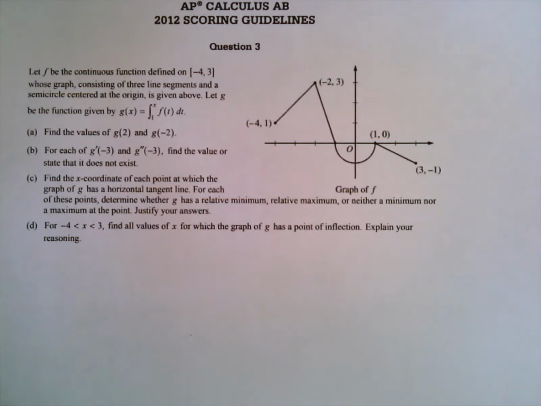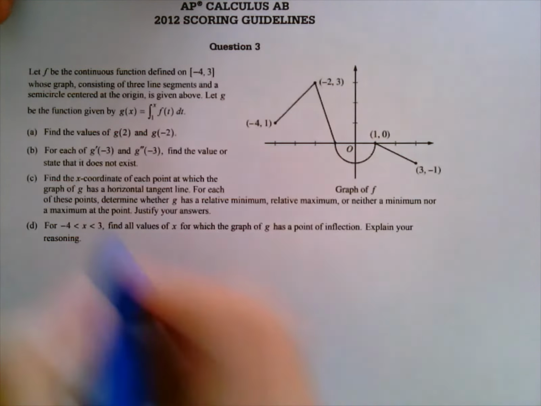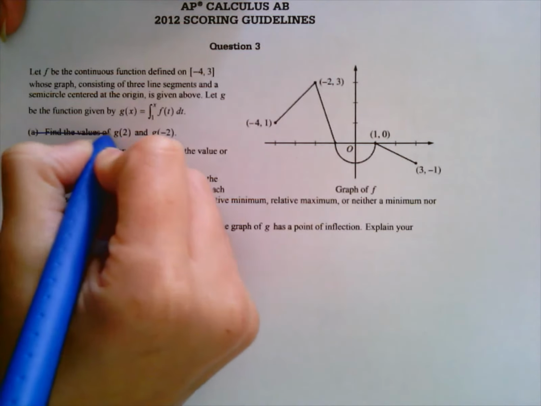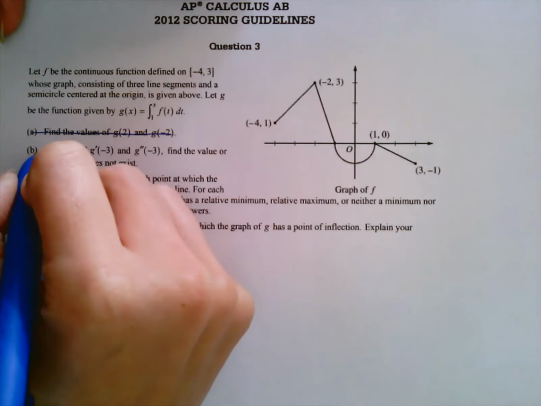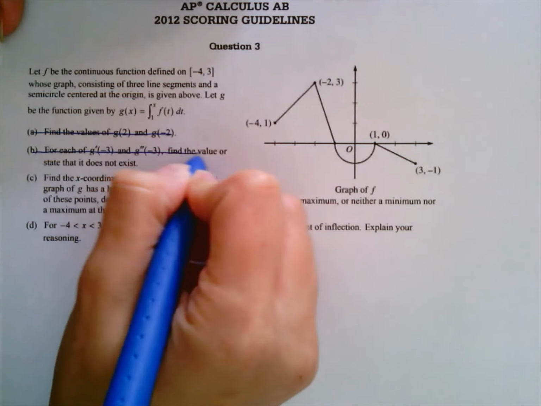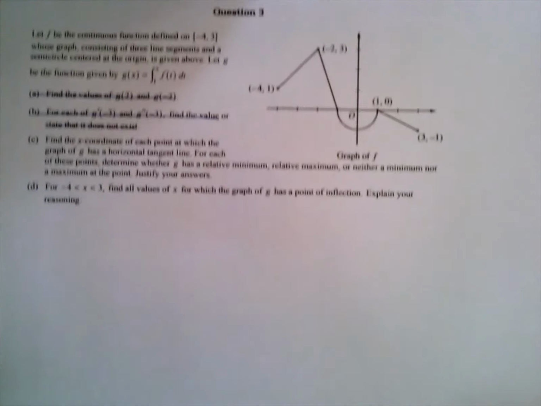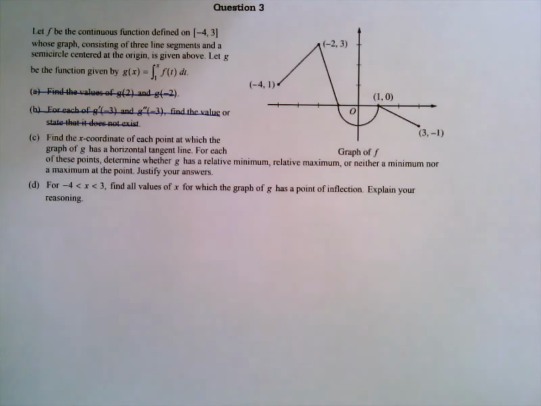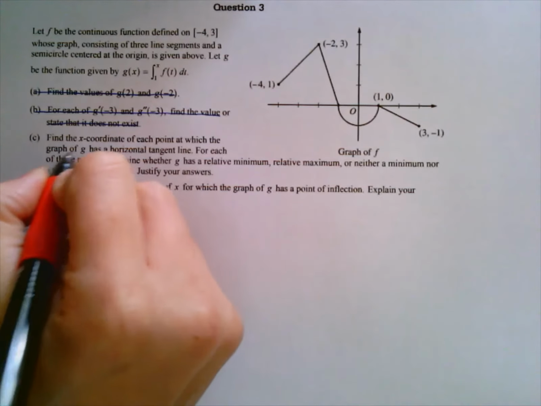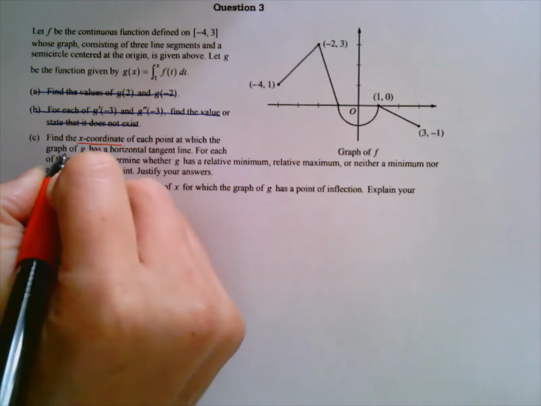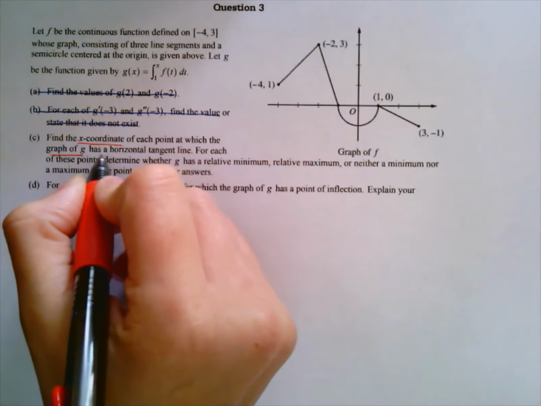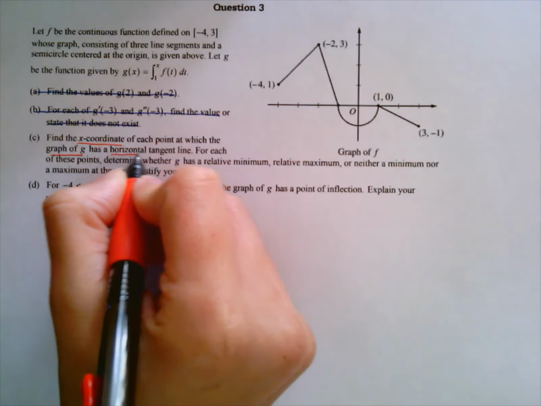All right, so this question comes from 2012. It is question 3. And for this one, we are actually going to skip part A and B. You would need to learn integration before you can answer these. So we're going to go straight on to letter C, okay? C says, find the x-coordinates of each point at which the graph of G has a horizontal tangent.